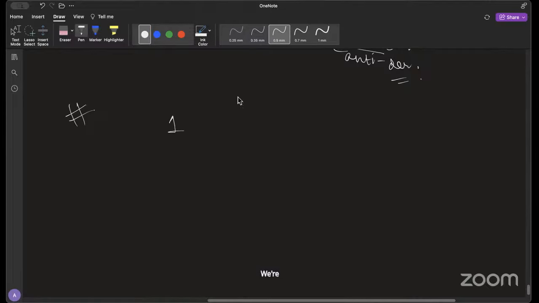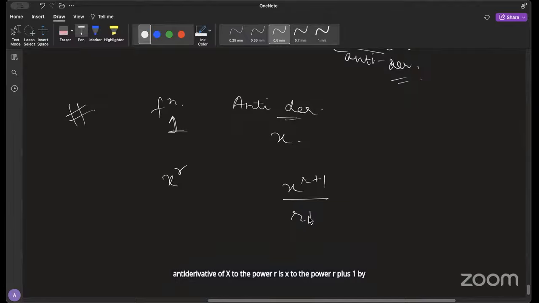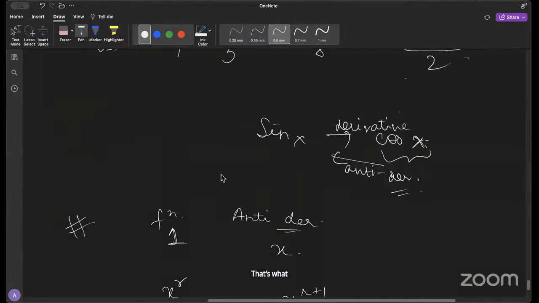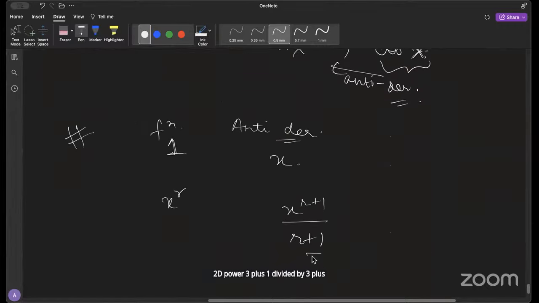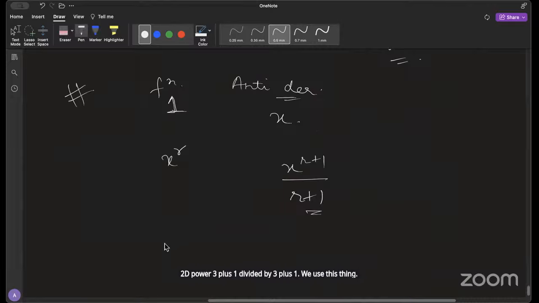We're writing the antiderivatives here, and this is the function. So what's the antiderivative of 1? It is x. The antiderivative of x to the power r is x to the power r plus 1, divided by r plus 1. That's what we did here. For x cube, it's x to the power 3 plus 1 divided by 3 plus 1. We use this thing.